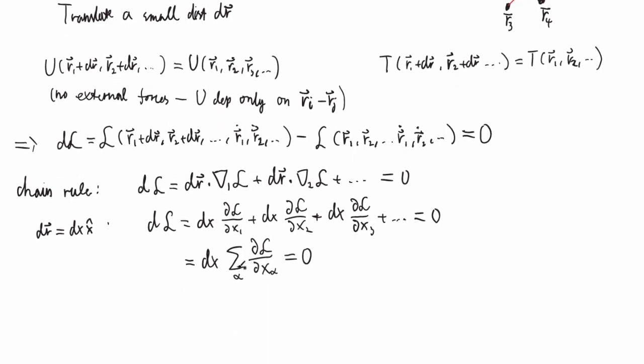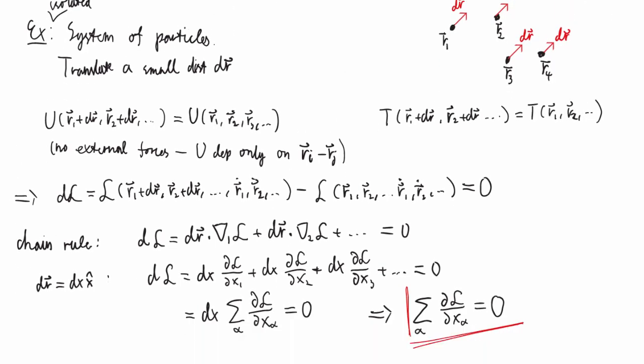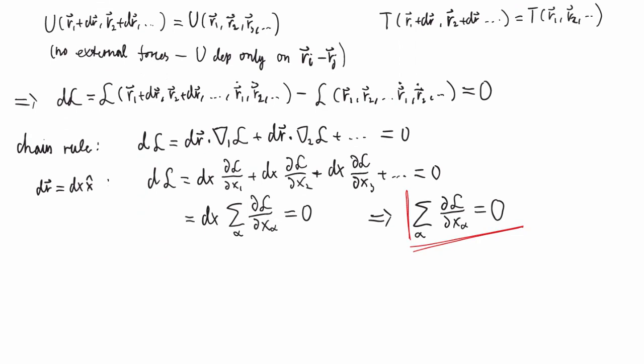Since this is true for any dx, including the dx's that are not equal to 0, this gives us that the sum of all these derivatives is 0. And that follows directly from this, right? All that we did was translate the system by some distance, and since the Lagrangian didn't change, we got this result.